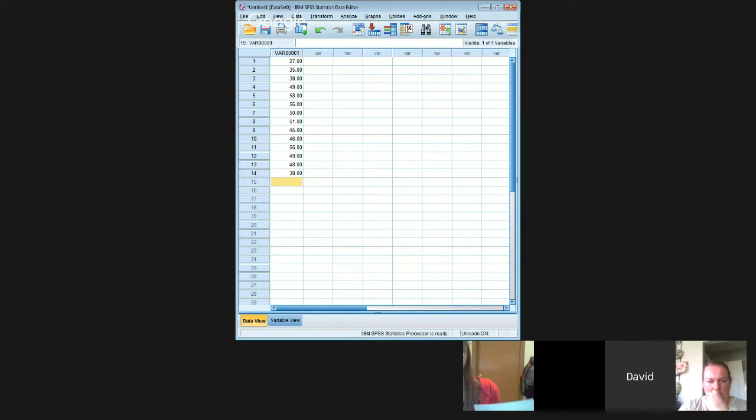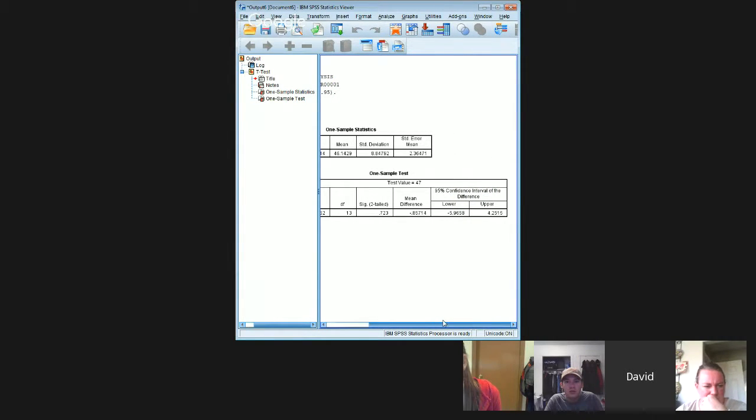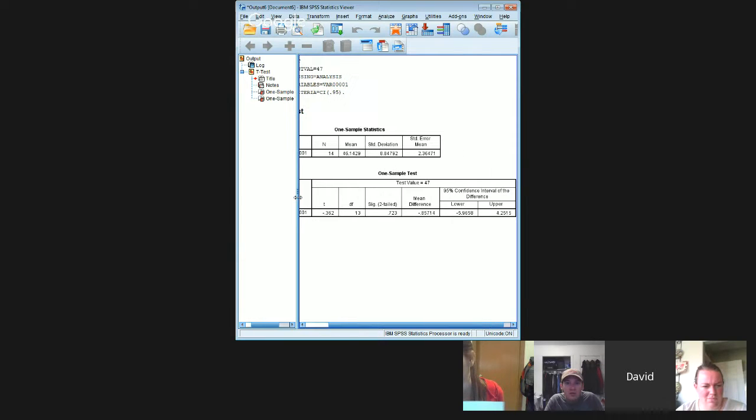So then the one sample statistics will come up. But it gives you the confidence interval down there, but he said not to use that one. You need to use a different process to get the confidence interval that's accurate. So what exactly do you do then?